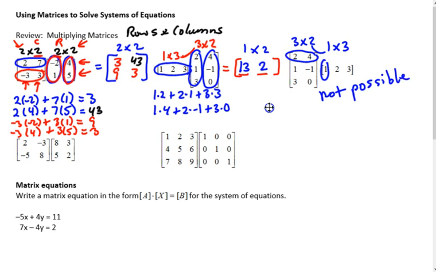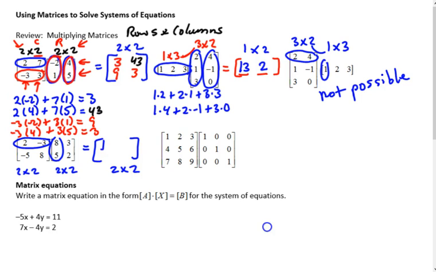Okay, last two. I'm going to do this a little more quickly. This is a 2 by 2 times a 2 by 2, which will end up being a 2 by 2. So I have 2 times 8 is 16, plus negative 3 times 5, which is negative 15.